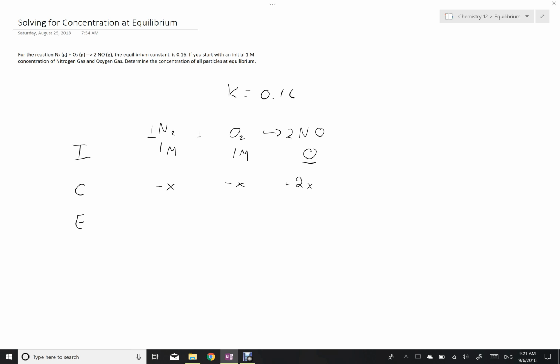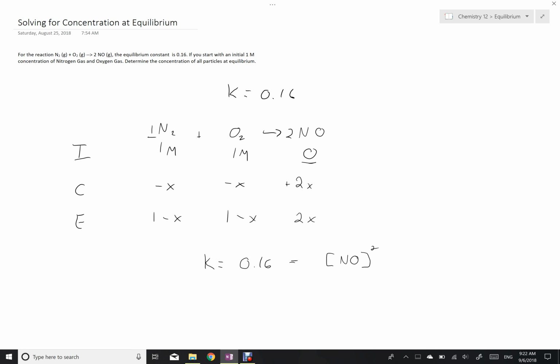What that then means at equilibrium is the new concentration of nitrogen will be 1 minus x, the new concentration of oxygen will be 1 minus x, and the new concentration of nitrogen monoxide will be 2x. So with K in hand, 0.16, I have my concentration of my products, NO squared.